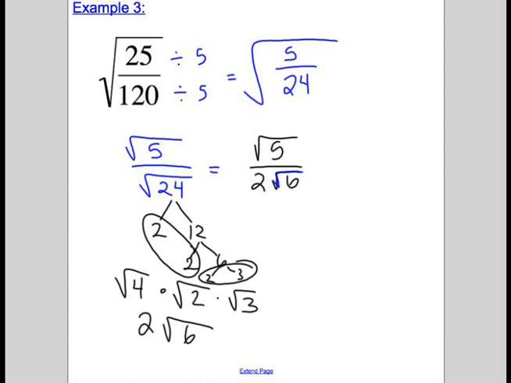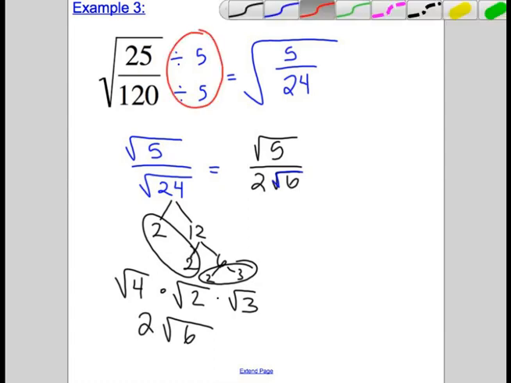So the way we do that is we don't want to change the value. So just like we did a legal move up here by dividing by 5 top and bottom, we're going to do a legal move that doesn't change the value of the fraction, it just changes the look. And we're going to times by a clever form of 1. You'll see why I'm doing this once I write it out.